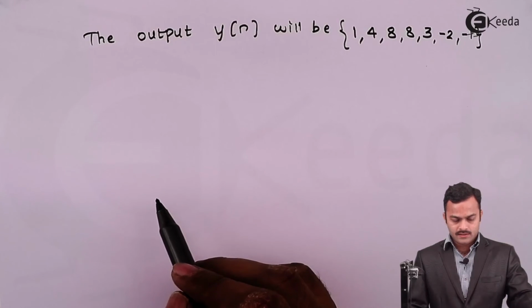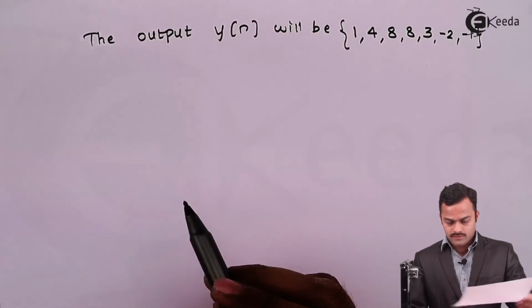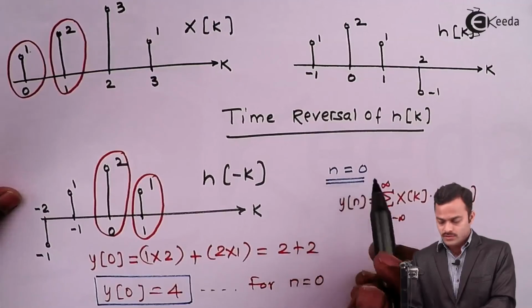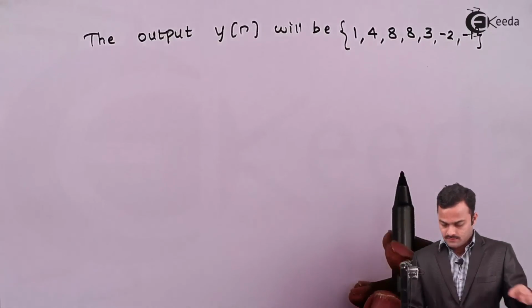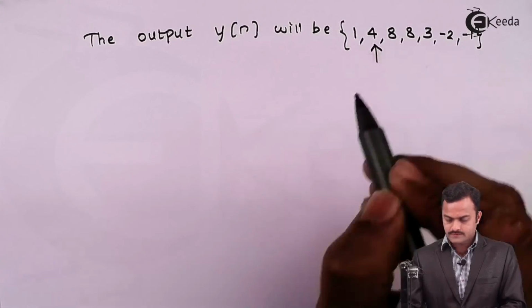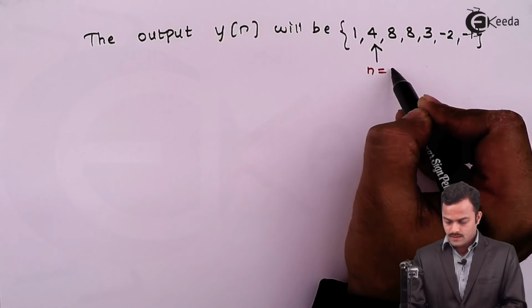And over here we got a value which is 4 for n equal to 0. Hence our origin will be over here. So this is the instant where I am getting n as 0.